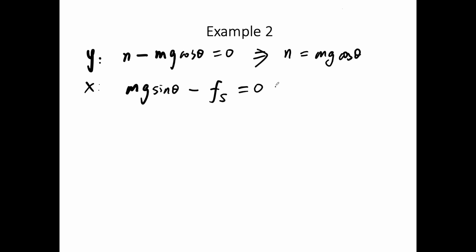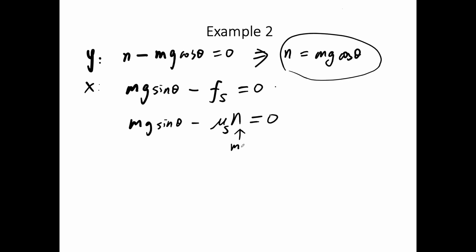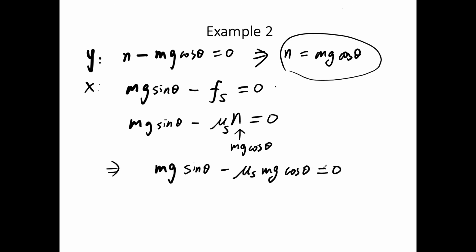Then I also have fs is mu s n, and n is mg cosine theta. This gives me the equation mg sine theta minus mu s mg cosine theta equals 0.